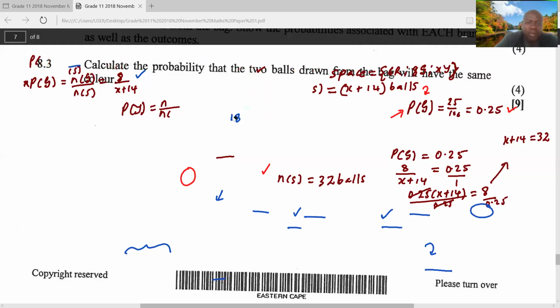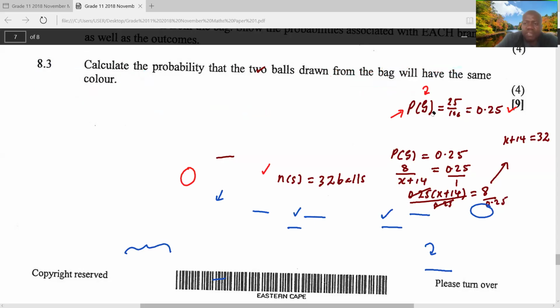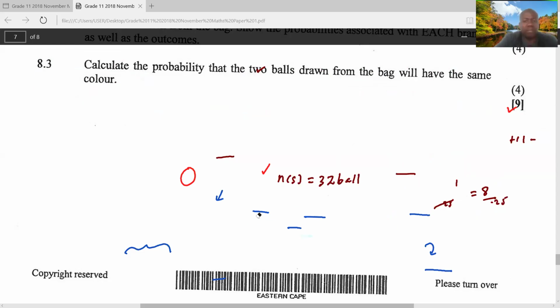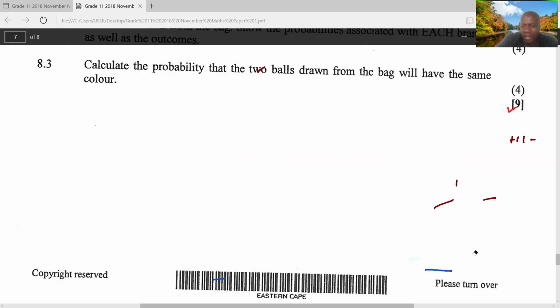Remember, in our bag, we have 6 red balls, 8 green balls, and 18 yellow balls. So we need to draw a tree diagram in order to represent the outcomes and the associated probabilities. So we'll do this, okay?